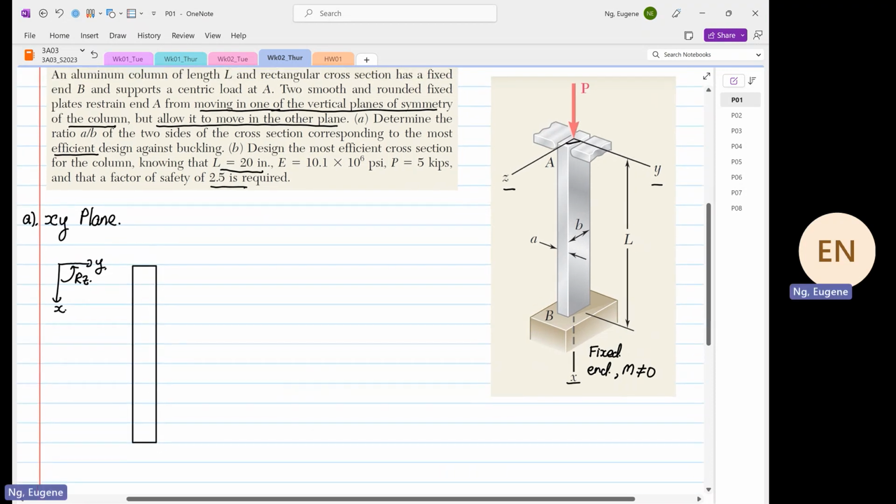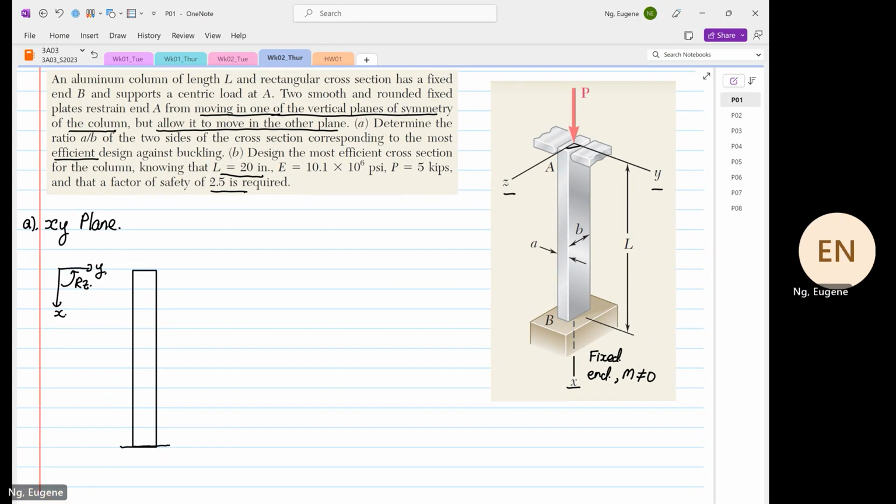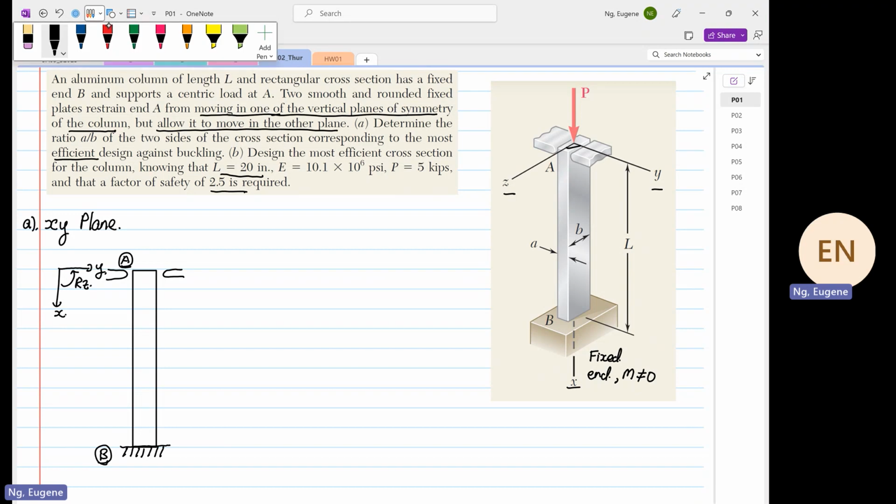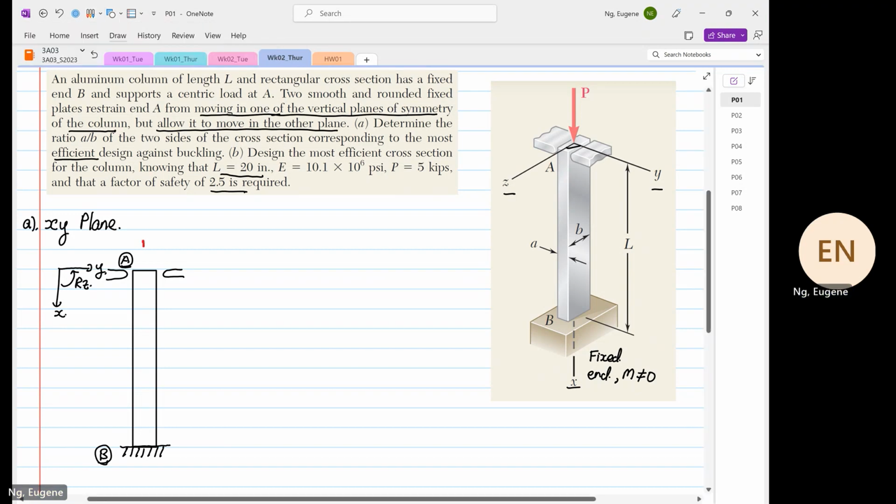One end is built in, so this is where our point B is. And at point A, you have 2 restrictions. This is our point A, and then we have a load that's coming down, P. This is our load P.